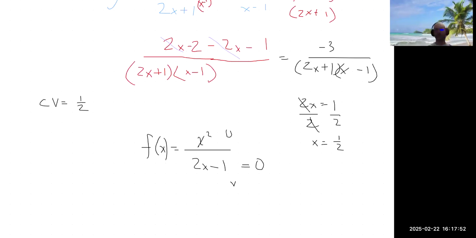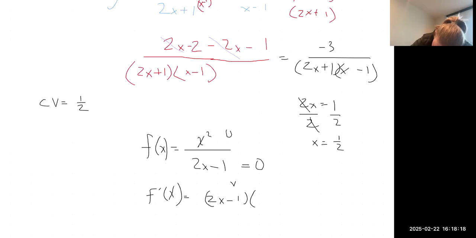But also anywhere that this overall derivative is equal to 0, we have to set it equal to 0 and solve for that too. So let's take the derivative of the entire thing. That would require the quotient rule, right? So it's going to be the bottom times the derivative of the top. And what's the derivative of x squared?